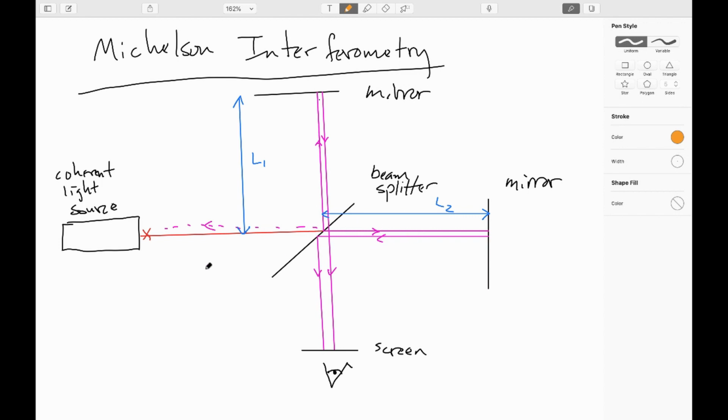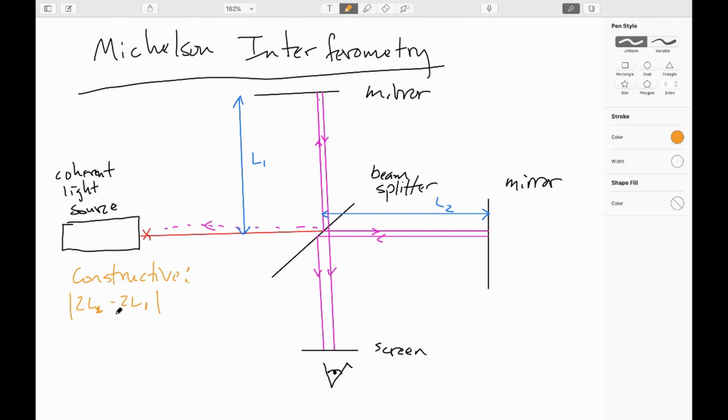So if I want constructive interference, then what I'm going to need is this round trip distance, 2L1, minus this round trip distance, 2L2. Actually, let me swap them. Not that it matters, I'm going to put an absolute value anyway.